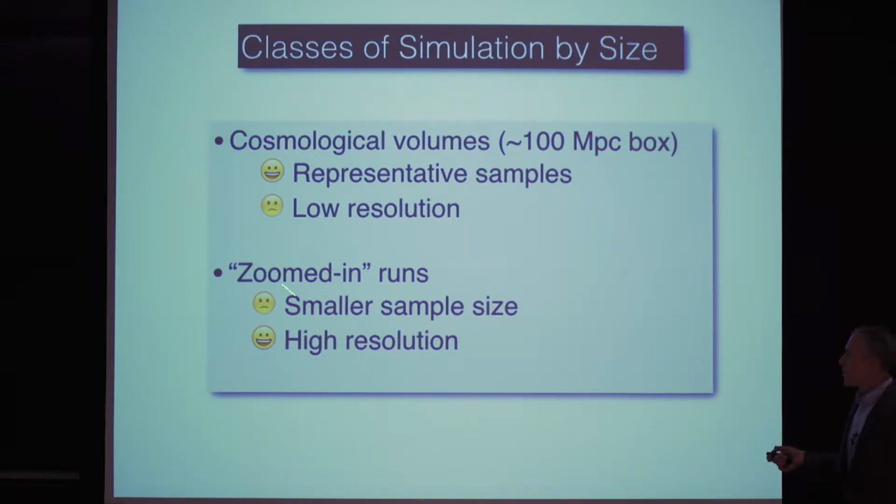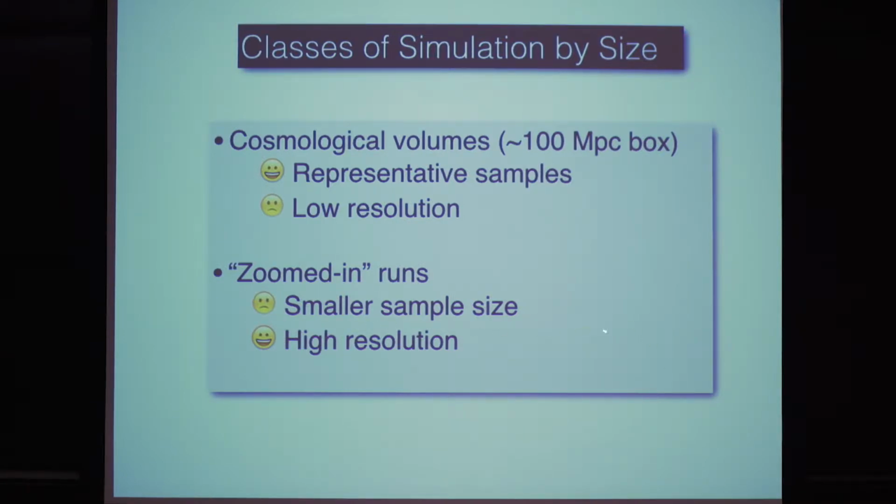The other approach is to do a zoom-in simulation. This is basically throwing all your compute power, usually at just one galaxy or maybe just a few galaxies in a local region, and simulating those to incredibly high resolution. These will almost certainly always require different subgrid models because you'll be resolving different scales here than here.